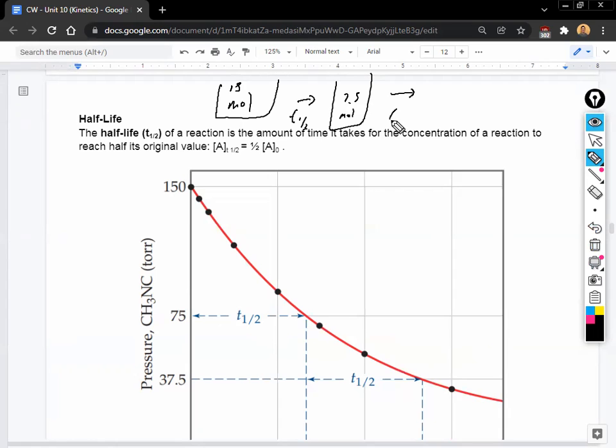The second half-life will be how long it takes for the container to go to half of that quantity. So if it goes from 7.5, it'll go to 3.75, and then the next half-life will be 1.875. Why did I pick such a hard number to start with? I should have kept it an even number.